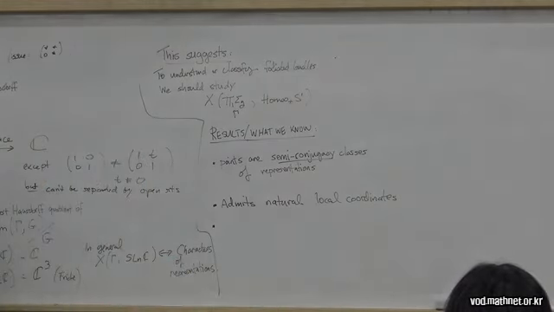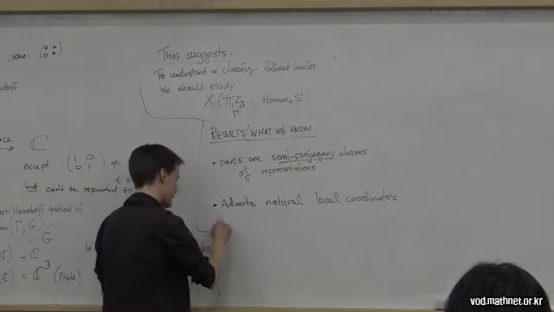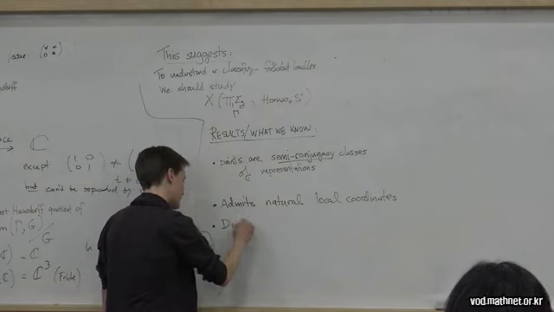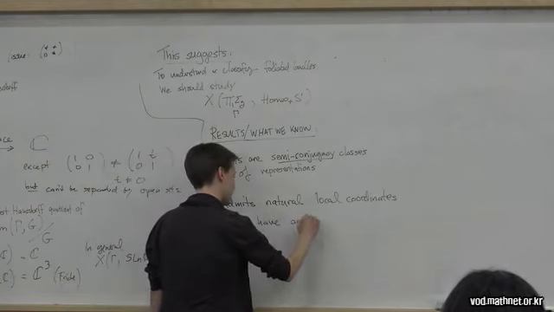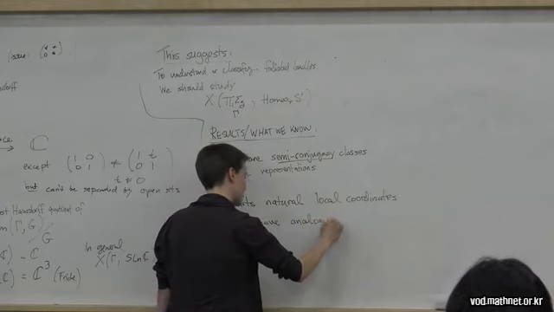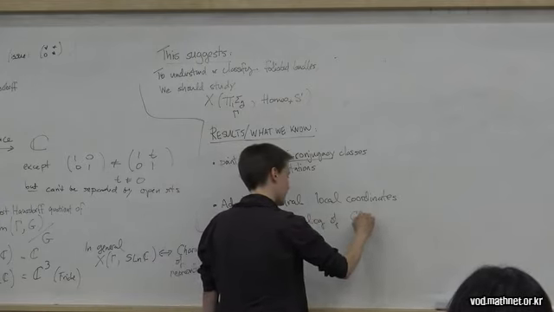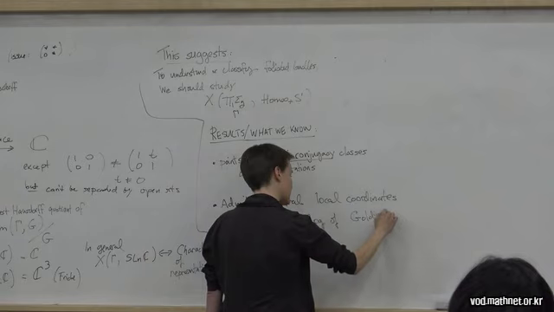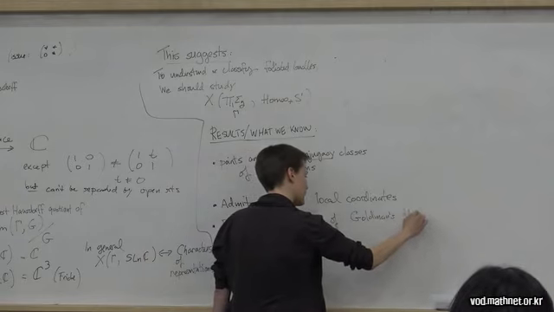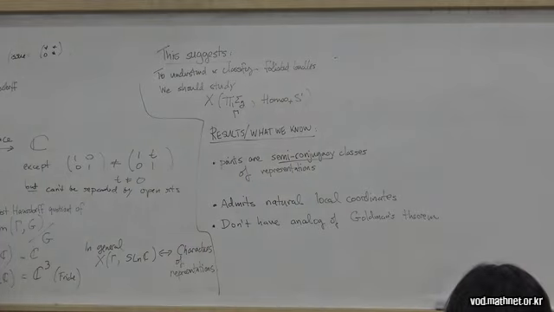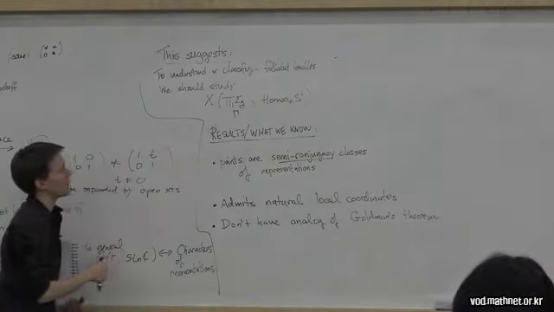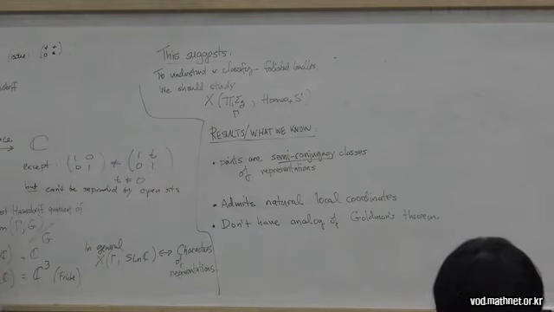Okay. And we don't quite have an analog of Goldman's theorem yet, so a classification of connected components for actions of surface groups on the circle.